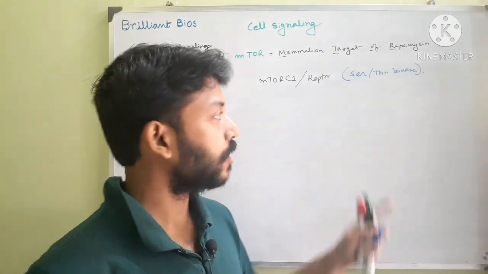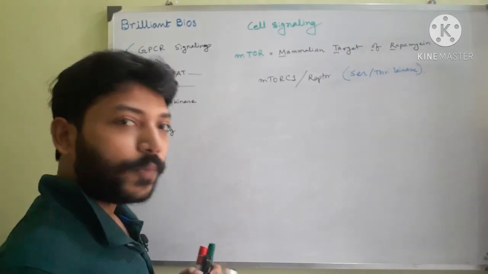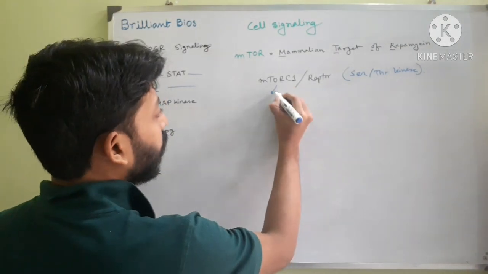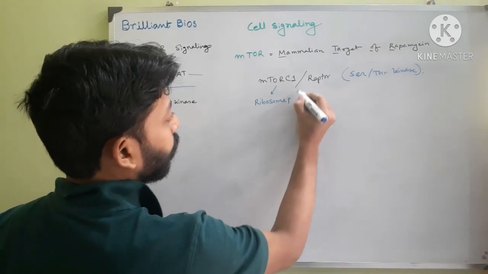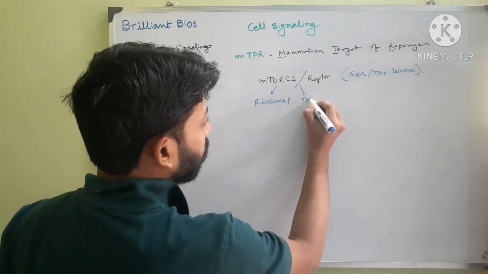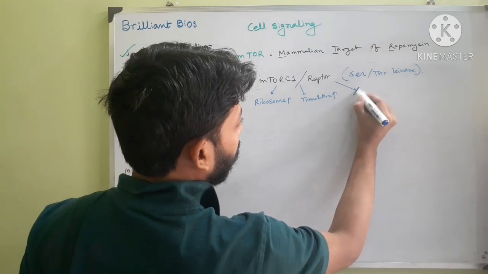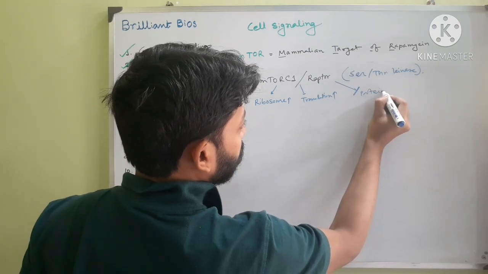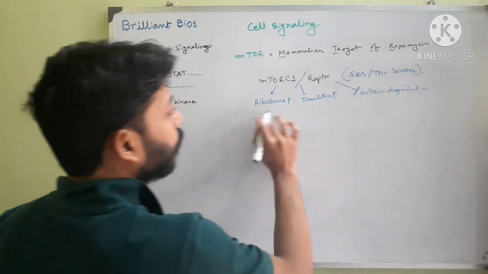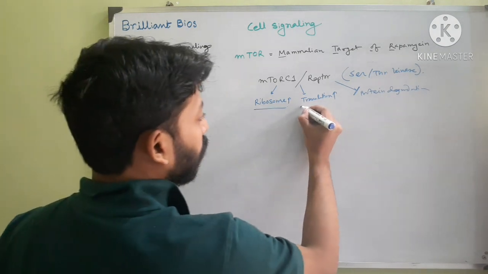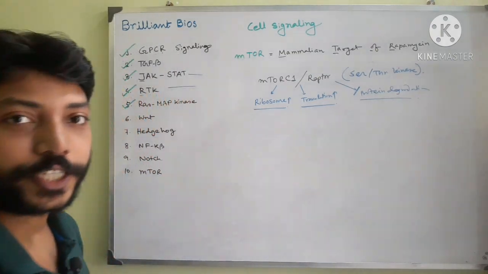Now this mTOR can perform three functions: it helps in the production of ribosomes, it promotes translation, and it prevents protein degradation. So this is the main function: promoting ribosomes, increasing translation, and preventing protein degradation. How does this occur?